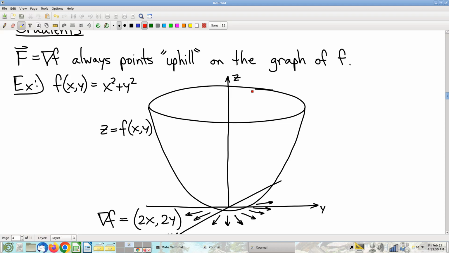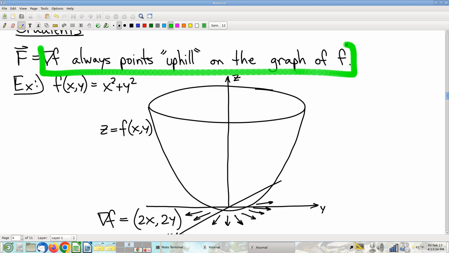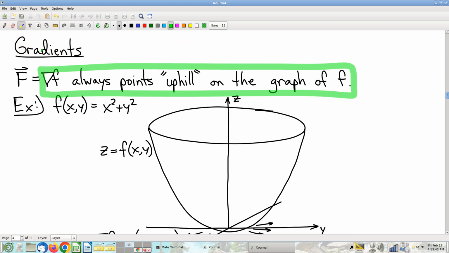Gradients. Now, we've already talked about gradients. Gradients always point uphill. When we were talking about gradients, I didn't say anything about vector fields. I claim that gradients are vector fields. The reason I didn't say anything about it is because at the time we didn't know what vector fields were, and it wouldn't have made any sense.